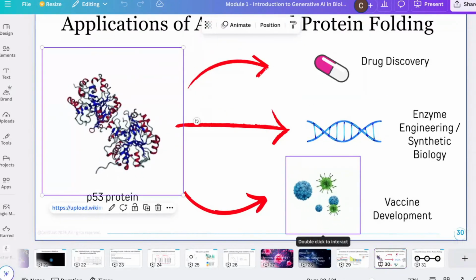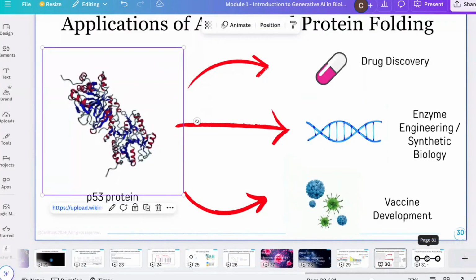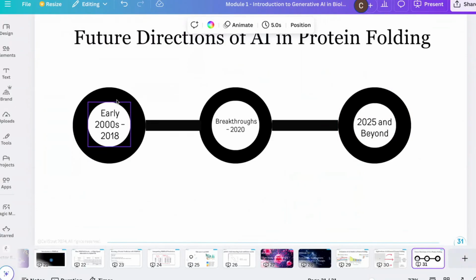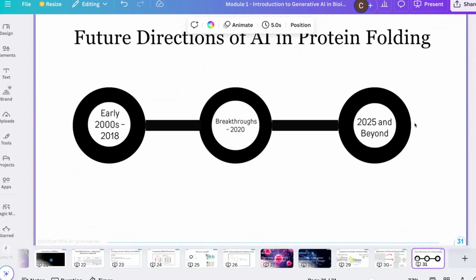So I believe that's almost the conclusion of this presentation. And finally, the future directions of AI and protein folding. I've discussed from the 2000s to 2018 what has been happening, and also talked about the breakthroughs. But what we can expect in the future is really fascinating.